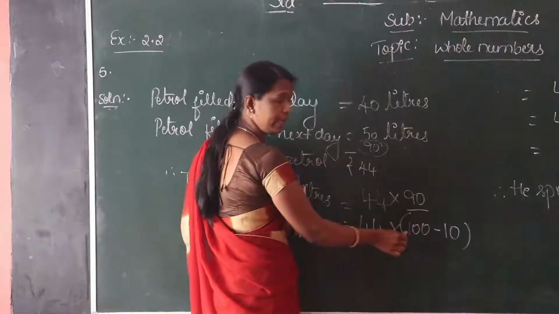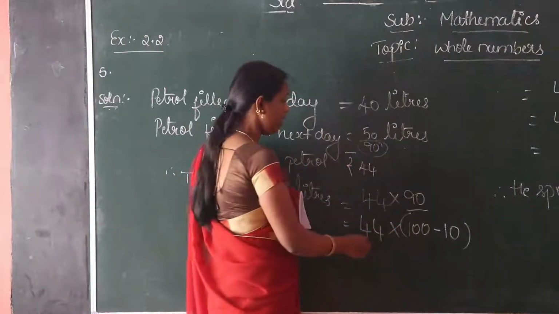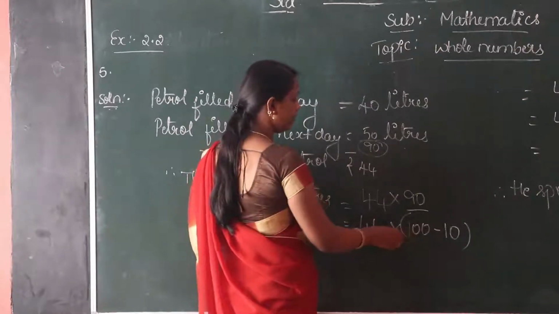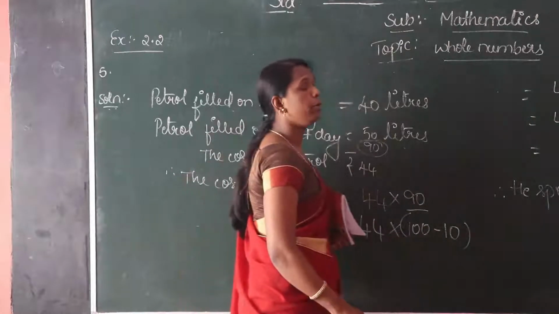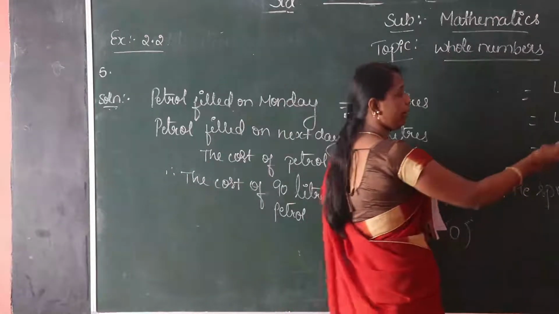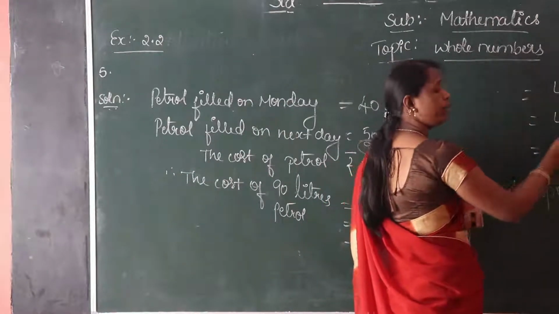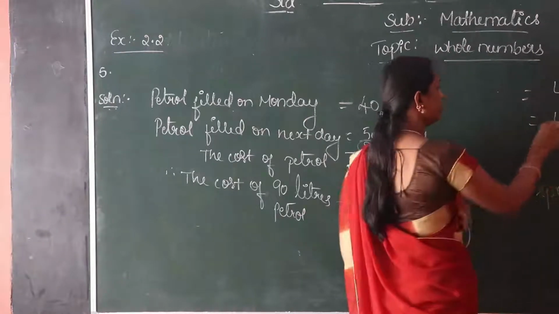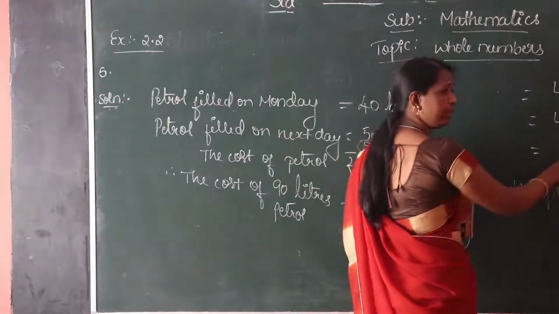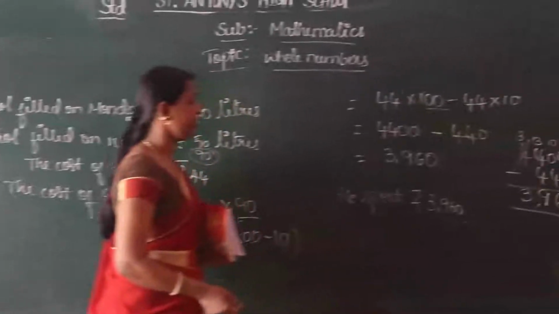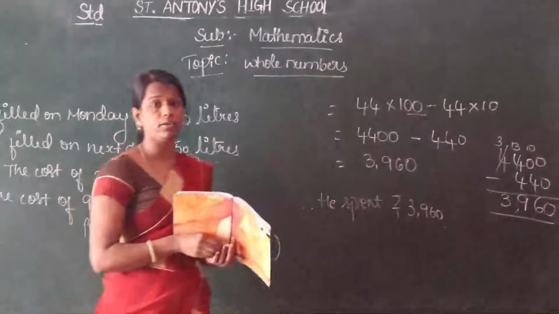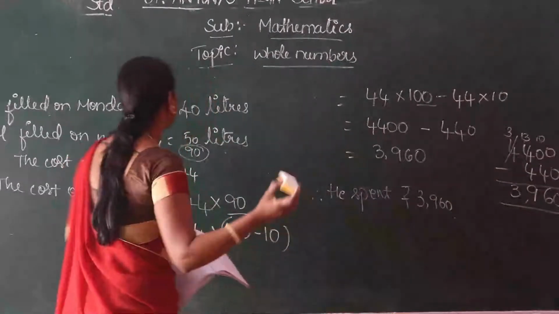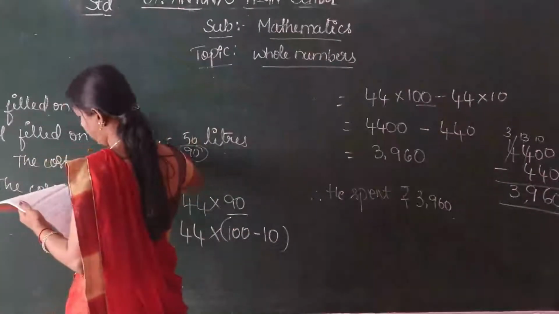This 90 is rearranged using the properties: 44 into 100 minus 44 into 10, you get 4400 minus 440. Subtract 440 from 4400, you get 3960. So finally we spent rupees 3960 for petrol.